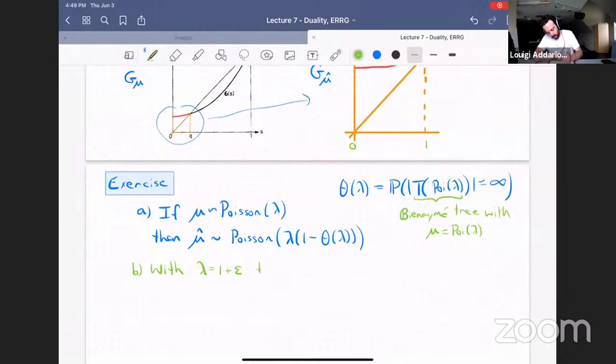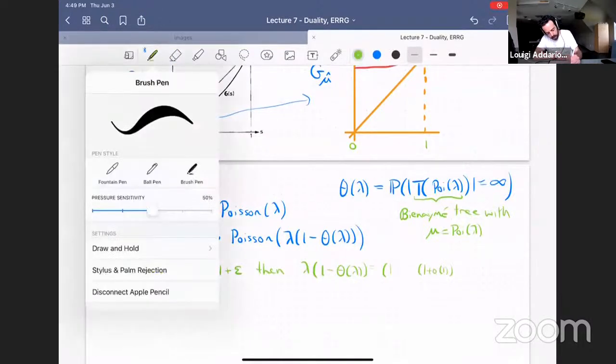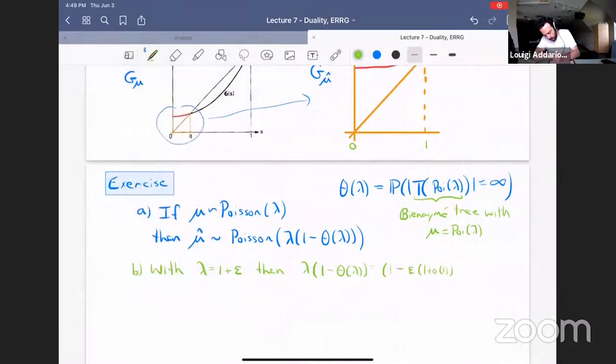If lambda is 1 plus epsilon, then this dual parameter 1 minus theta lambda is 1 minus epsilon times 1 plus little o(1), as epsilon tends to 0. So close to 1, you really are effectively just going from Poisson 1 plus epsilon to Poisson 1 minus epsilon when you condition on finiteness.